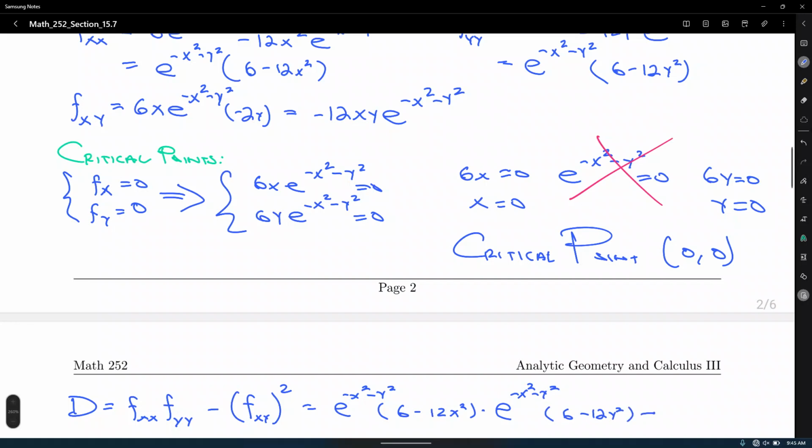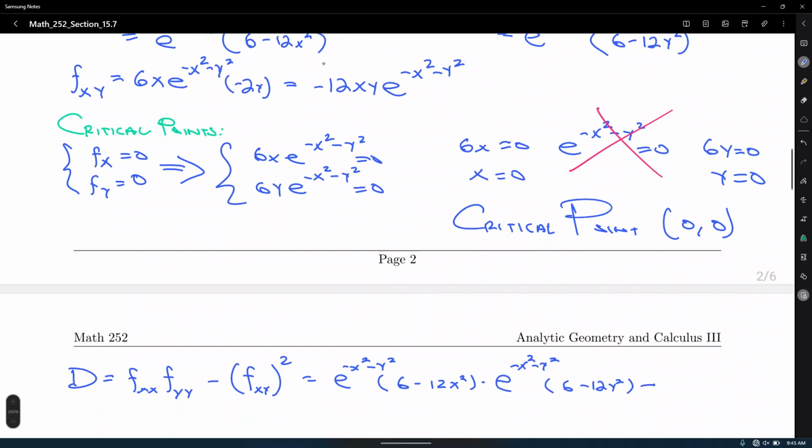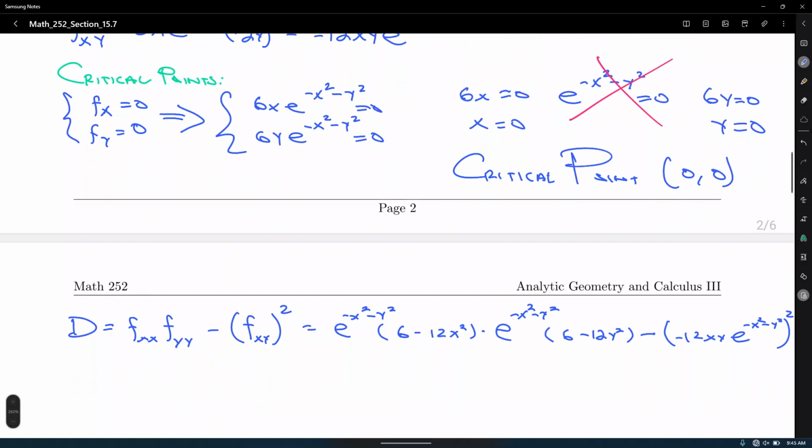Minus f xy, all this madness here, that is negative 12xy e to the negative x squared minus y squared, everything squared. I know, looks really big.